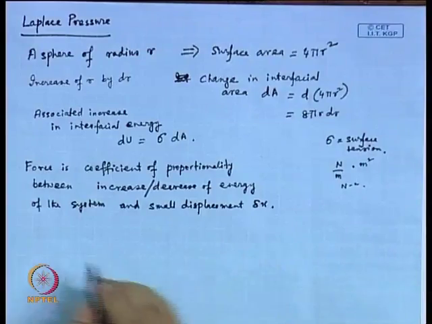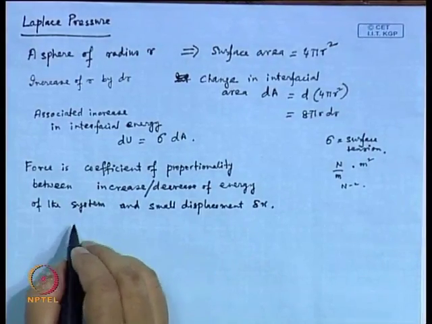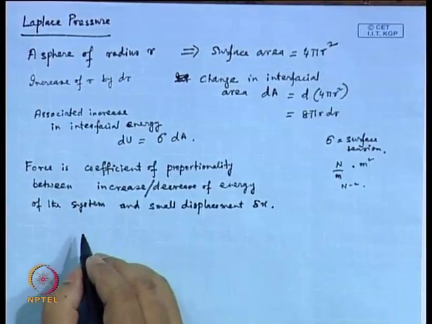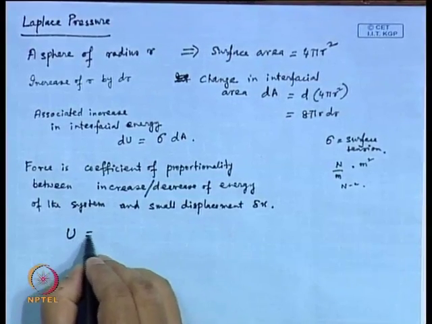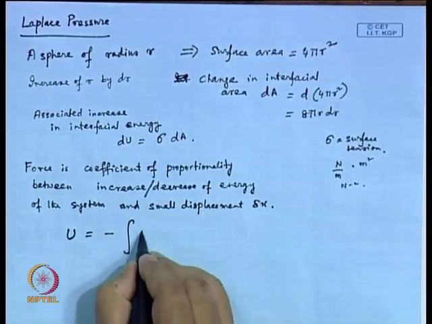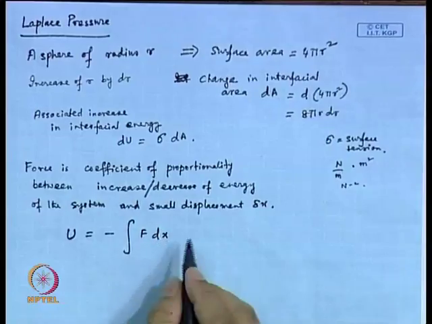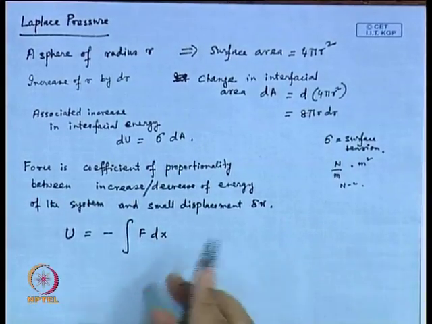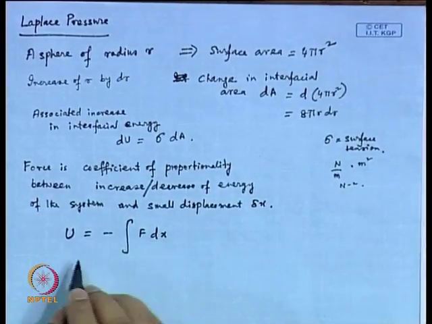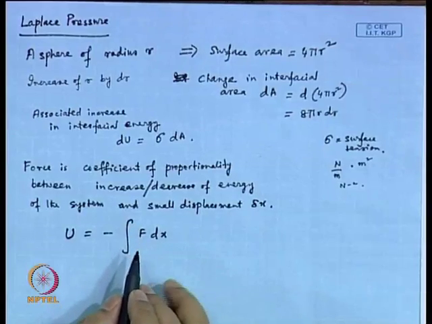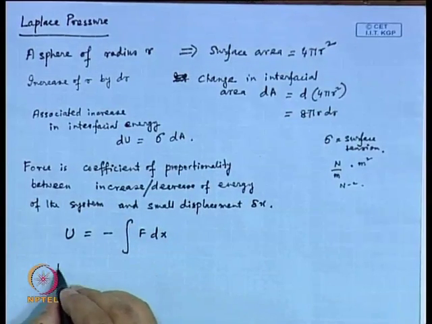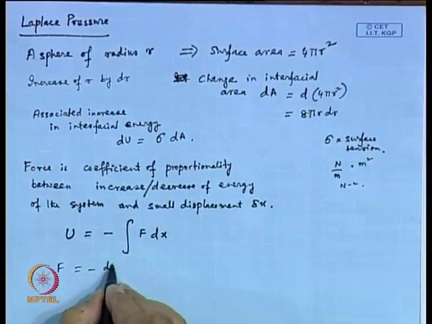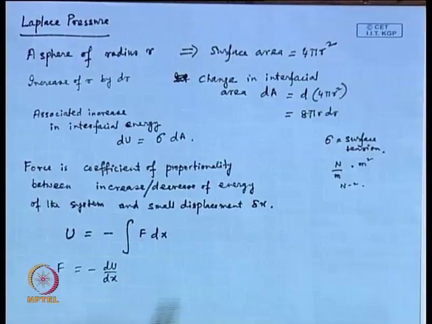If we look at it this way, then what we write here is u is equal to the energy, minus integration f dx, basically the increase or decrease of energy that is defined by the sign. So u is equal to integration of f dx. Okay. Or in other words you can write f is equal to minus du dx.